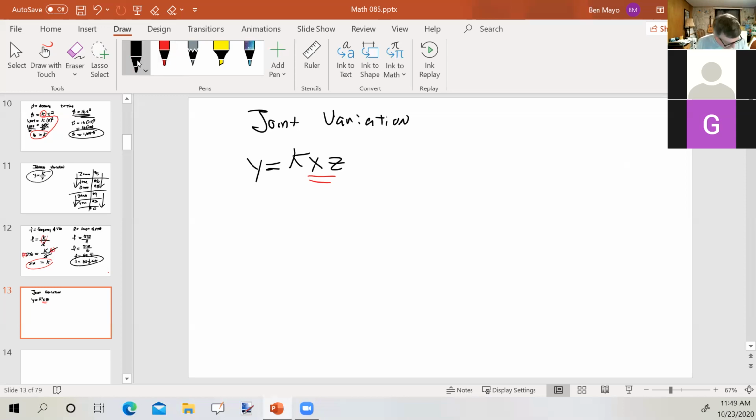And now we're going to look at an example, and this says oil storage. The number of gallons of oil that can be stored in a cylindrical tank varies jointly as the height of the tank and the square of the radius of its base. All right, let me draw a picture to represent this tank.